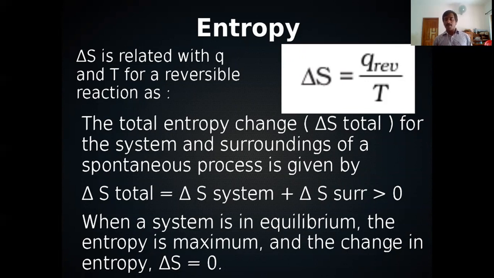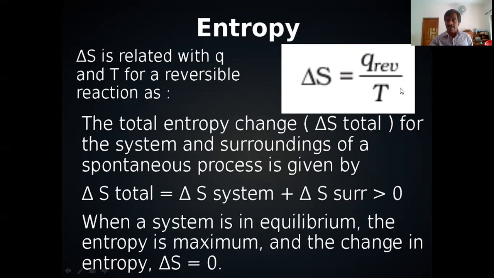For example, consider the melting of ice. At 0 degrees Celsius or at 273 Kelvin, the two processes will take place. That means melting and freezing, fusion and freezing. If we supply heat energy at that particular time, that heat energy will be completely utilized for the melting of the ice, and there may not be any change in temperature.